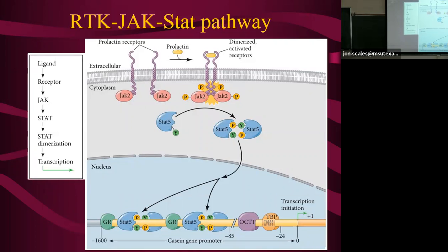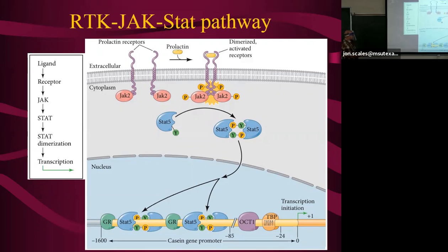And so here's kind of an overview of that. You have your ligand, again, causing dimerization of receptors. The distinction here is that the kinase is not the receptor. It's associated with the receptor. So there are specific linkages between the receptors and various members.